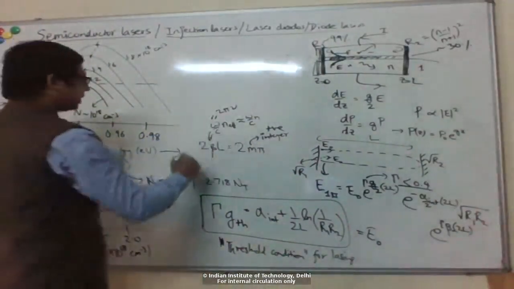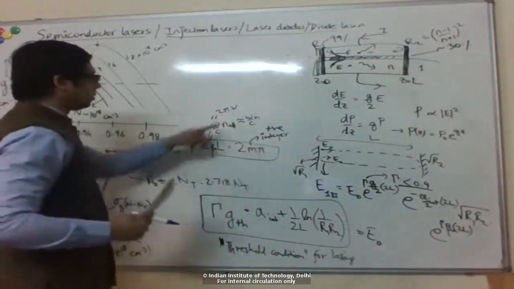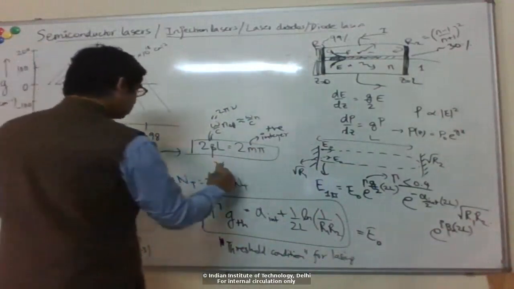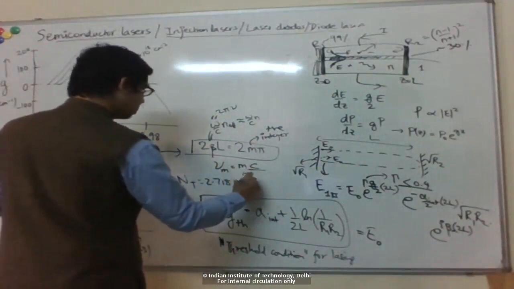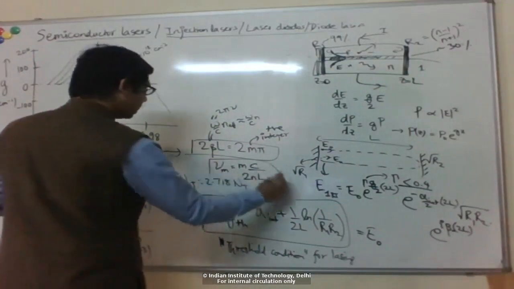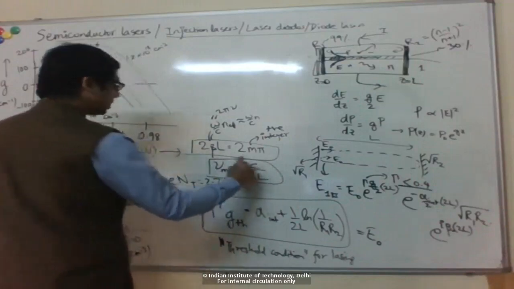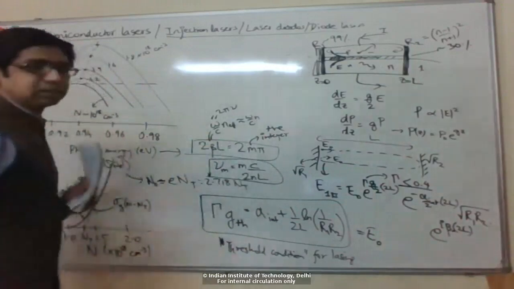So if you equate this condition here, you can see that whenever the frequency nu is a multiple of this value, c over 2 times refractive index times length, right? At those frequencies, this condition is satisfied.